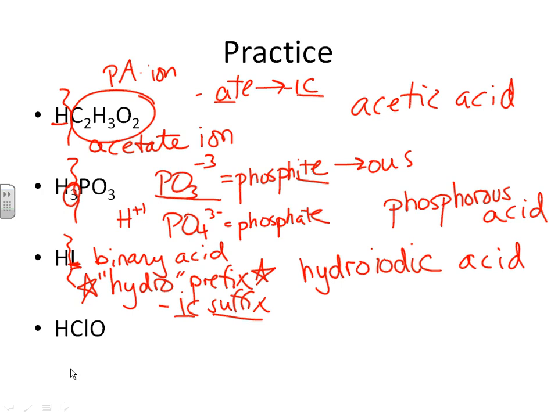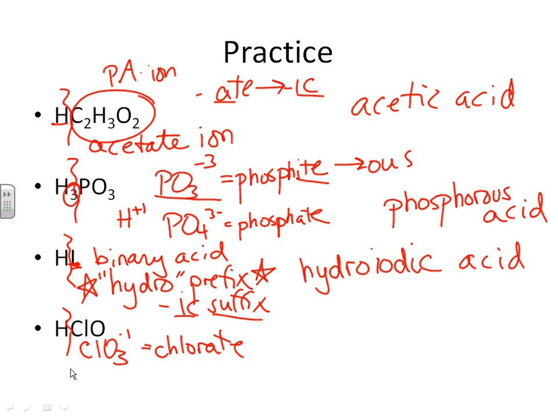And the last one, HClO, always two components of the acid, the H and everything else. This is not a binary acid. This is based off of a polyatomic ion, so we have to name the polyatomic ion. Ion naming series. Chlorate, ClO3, -1. I asked you to memorize that and then memorize the rules.